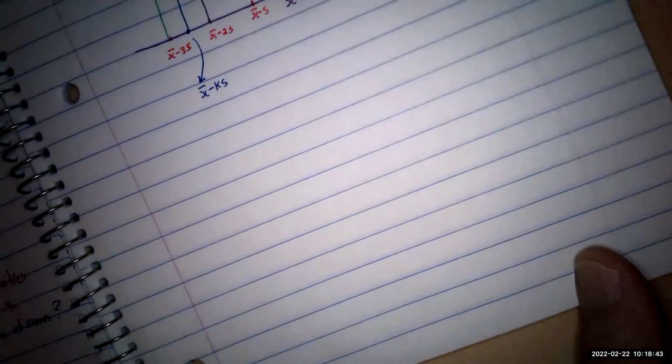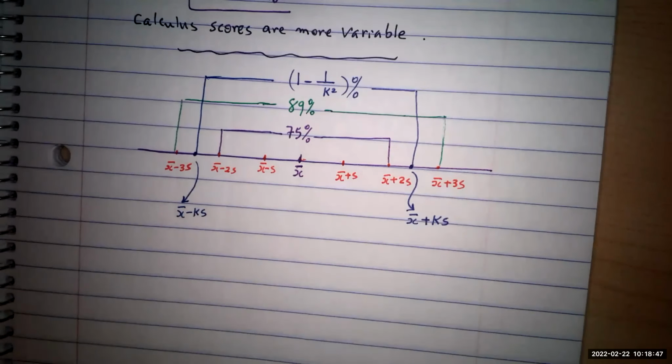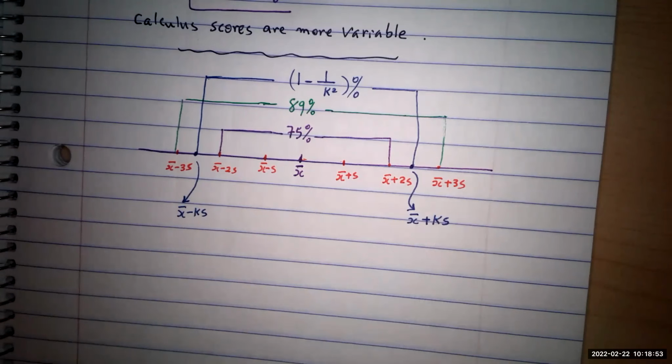So let's go back to see where we ended up. This is what I was talking about. We have the number line that we usually use to identify the X values. Then there is a center, and the center is X bar.